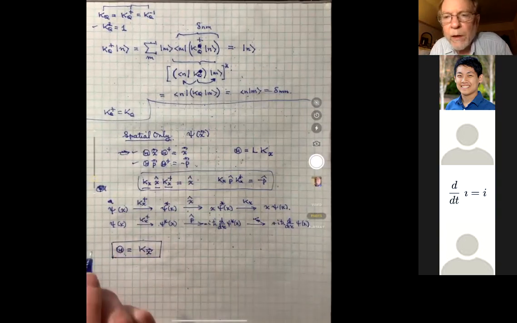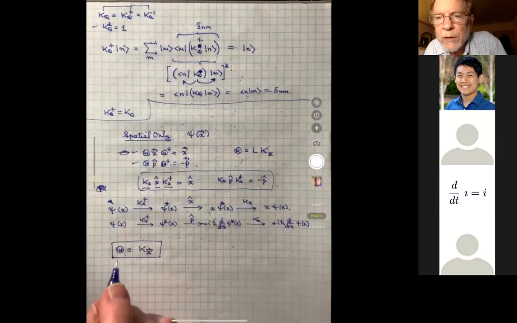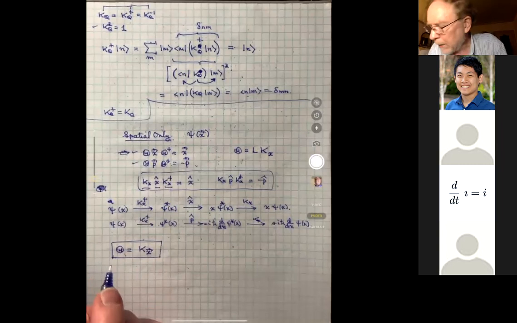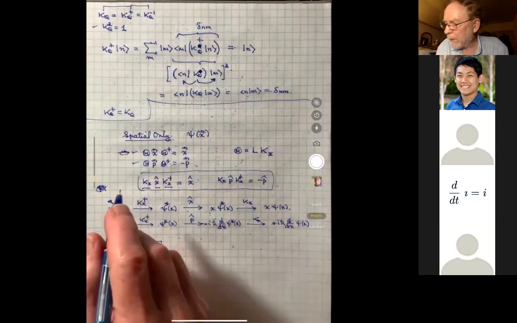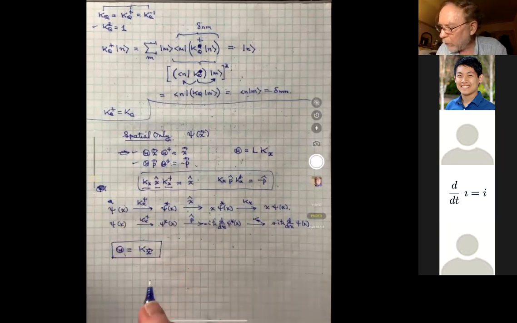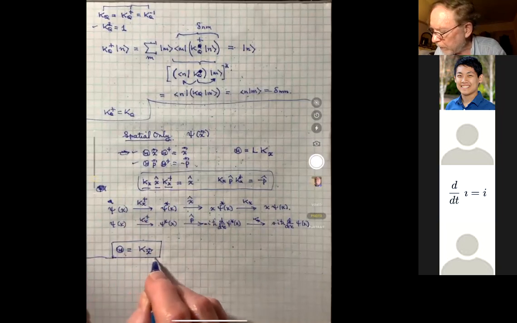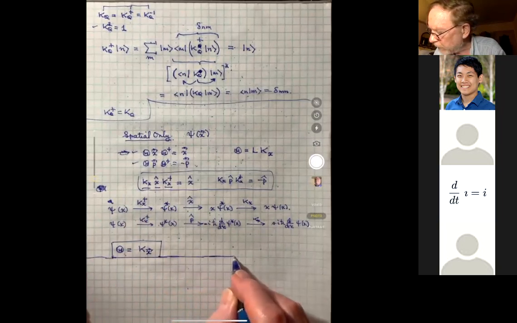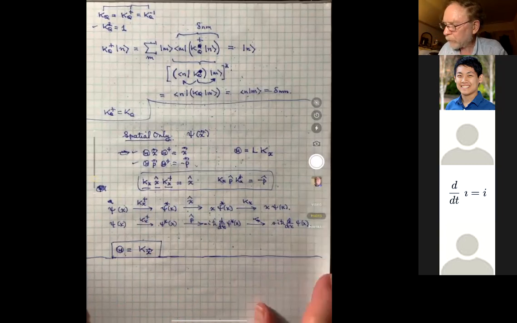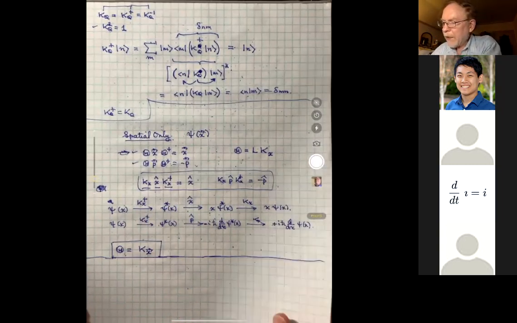This agrees with what we did earlier when we found you needed to complex conjugate the wave function to get the time reverse solution, and that's what this is showing too. This is following its required properties on its action on the initial conditions. All right, so that's the case of spatial only.